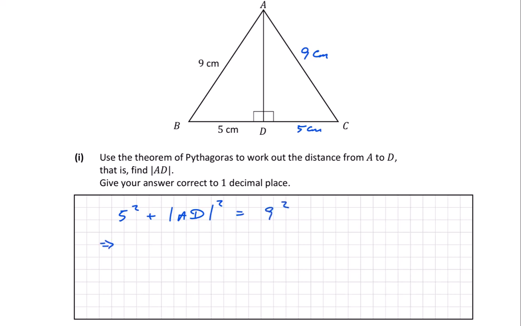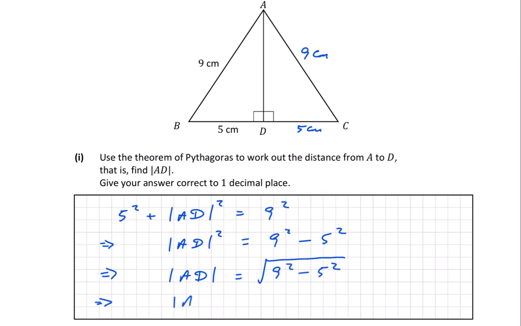That just means then the distance from A to D squared is equal to, subtract 5 squared from both sides, that's 9 squared minus 5 squared. So that would just give us the distance from A to D equal to the square root of the left hand side. Because we've got a square here, we square root the left hand side. We need to square root the right hand side as well. So it's the square root of 9 squared minus 5 squared.